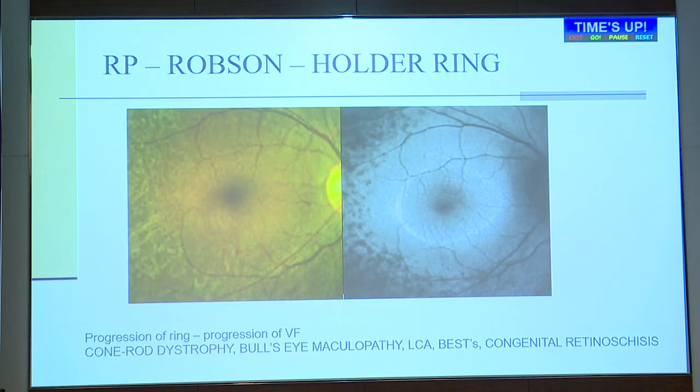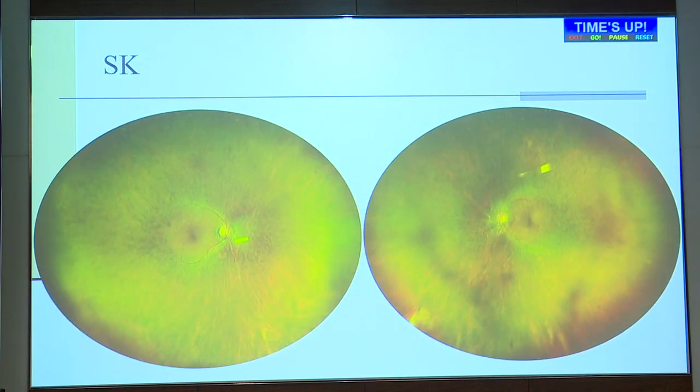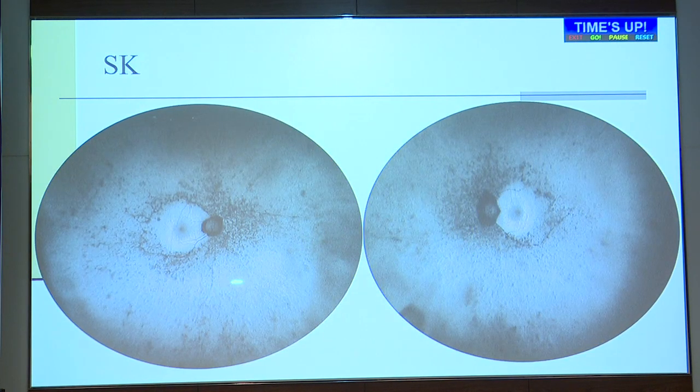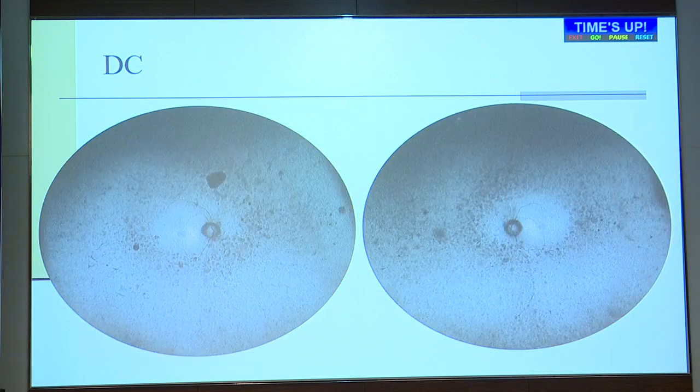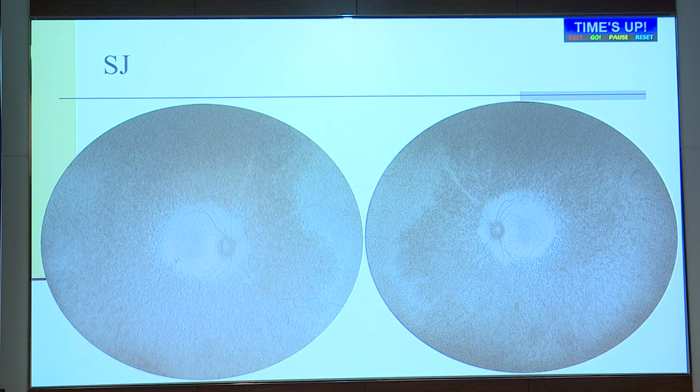Coming to retinitis pigmentosa, you can see changes on autofluorescence which are much more dramatic than what we see clinically. So I'll just run through some of these patients of RP.